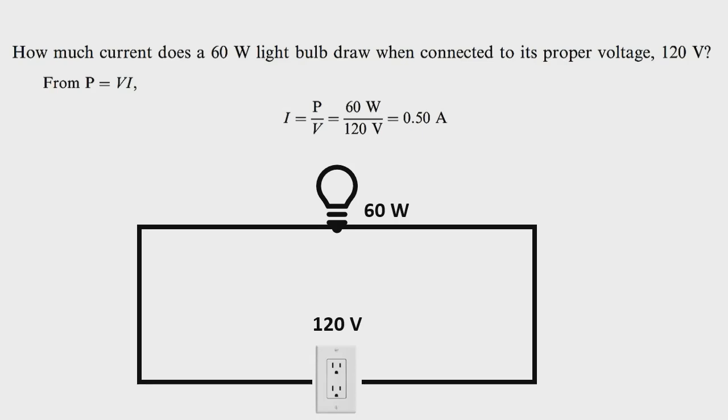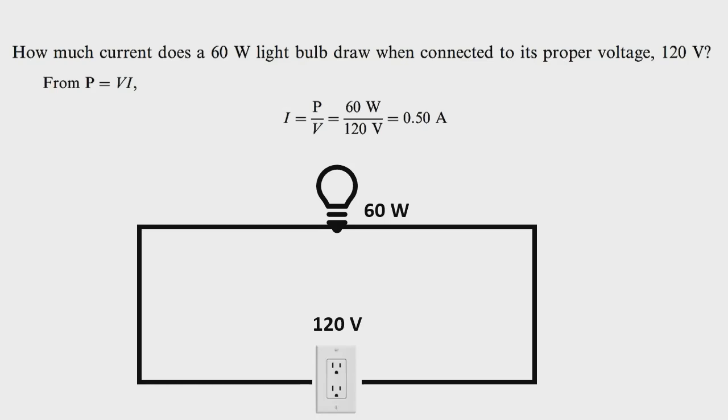In order to solve for current, we are going to transpose the formula from P is equal to V times I to I, which is now equal to P over V. Since P is the power and V is the voltage, we can substitute the values directly.